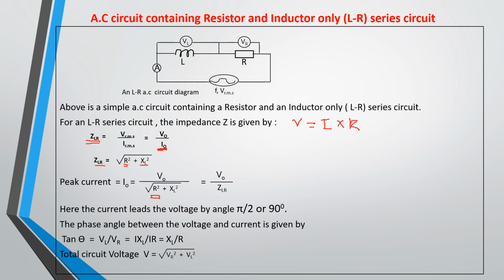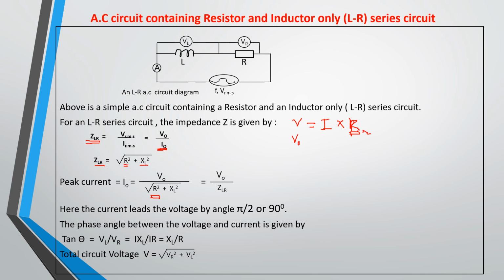If you are dealing with a capacitor, you will change this R to capacitive reactance. If it is an inductor, you will change this one to an inductive reactance. So that is how we applied this equation in our previous video. So your V0 for this particular circuit, V0 is the peak voltage.